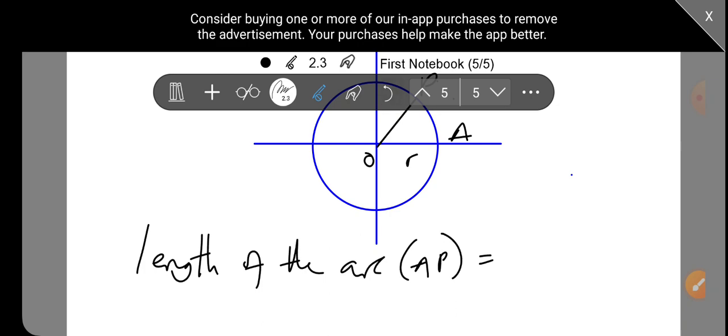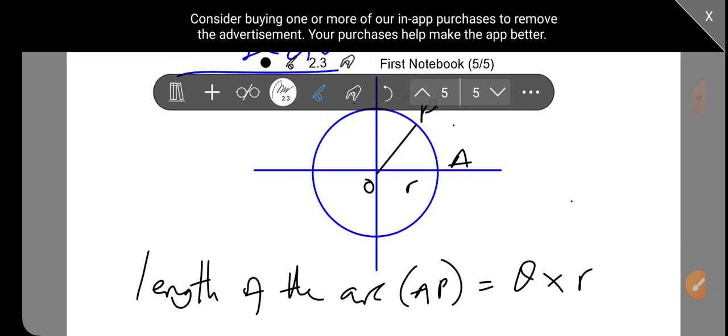It will be equal to theta times radius. So that's how you find the length of the arc. To find the length of the arc, it's theta times radius. That is, if you are given the radius.